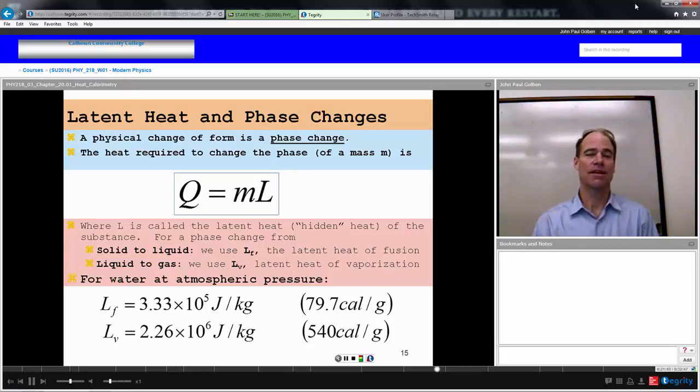The latent heat of vaporization for water, as we go from liquid to gas, is 2.26 times 10 to the 6 joules per kilogram, or 540 calories per gram. So it's significantly greater. It's going to take a lot more energy to change liquid water into steam than it does to change, say, ice into liquid water.